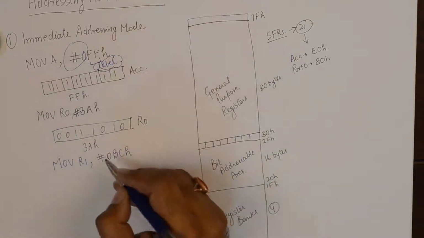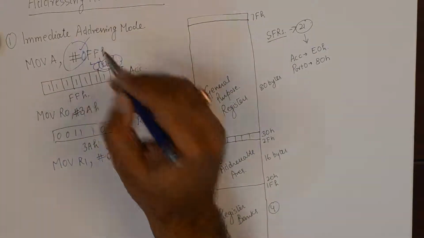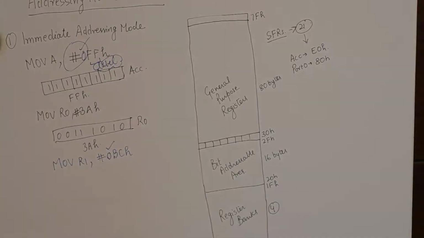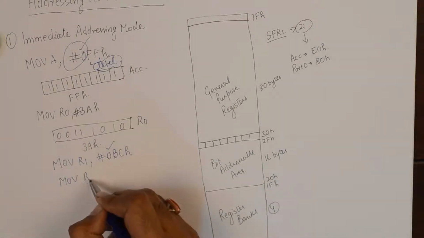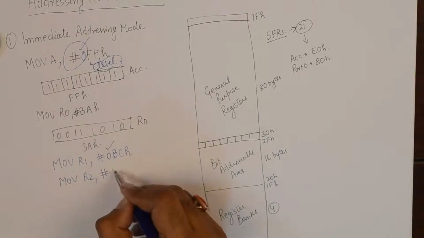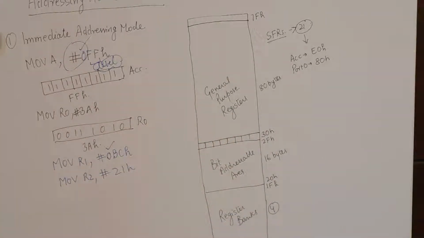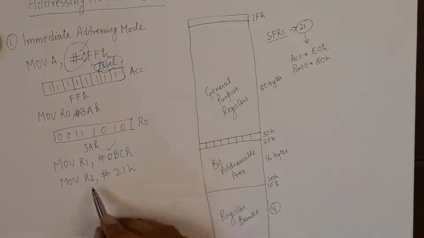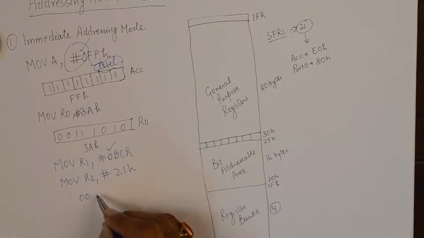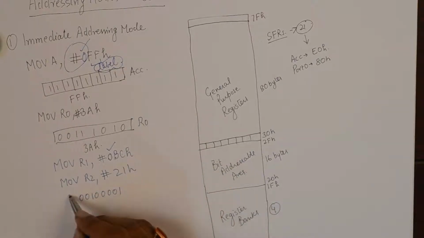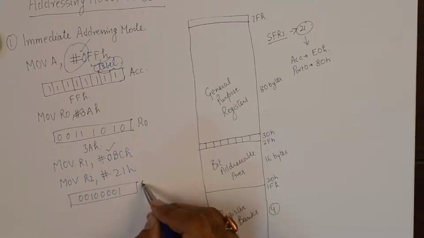This is a very, very important part: if a number begins with an alphabet, it should be preceded by a 0, but if the number begins with a digit, then it is okay to specify it as it is. So register R2 will get the number 21H, which is 0010 0001. These will become the contents of register R2.